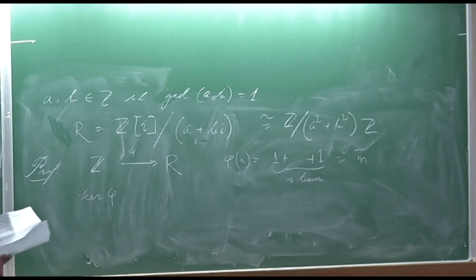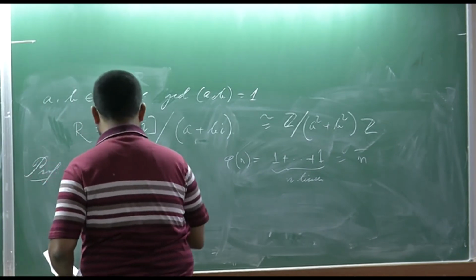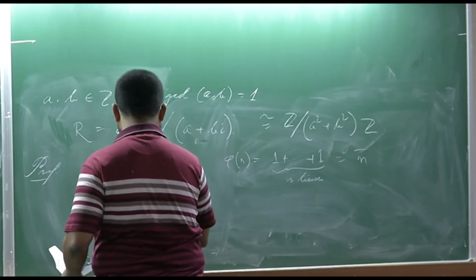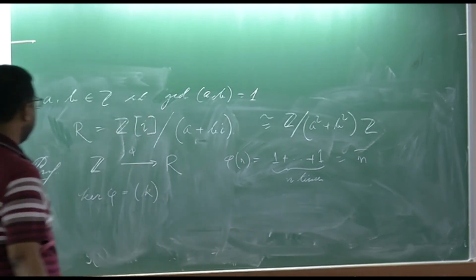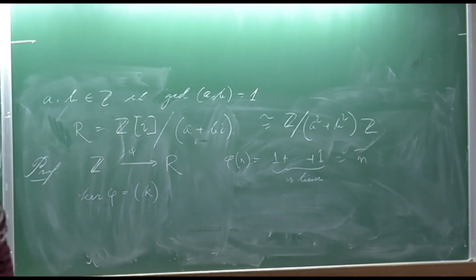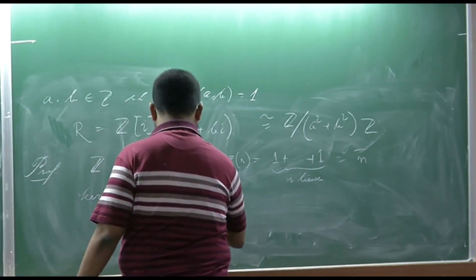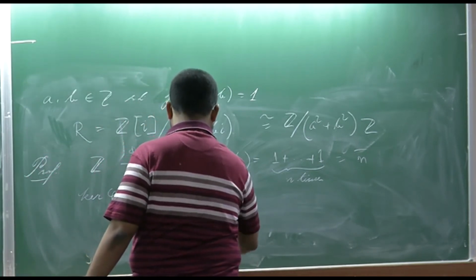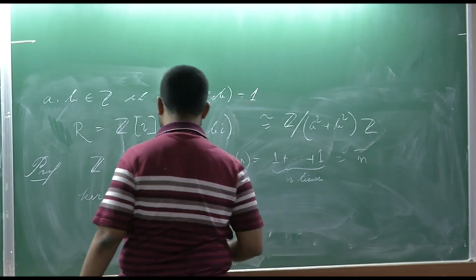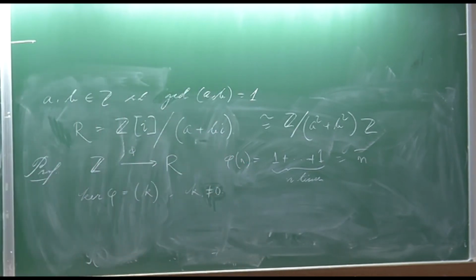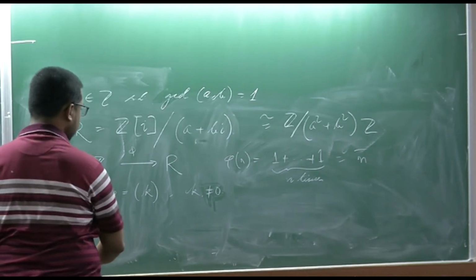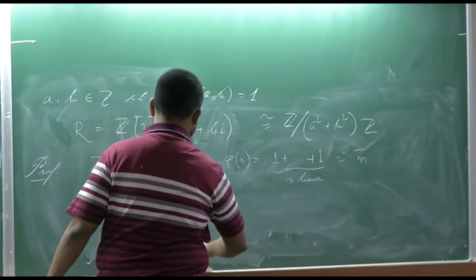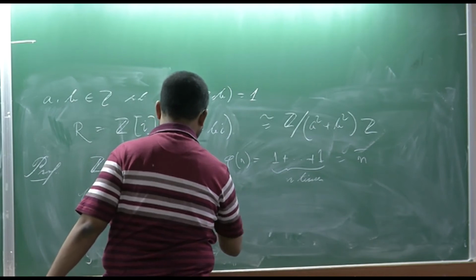So, kernel phi is going to be an ideal of Z. So, therefore, let us say it is generated by some k, for k greater than or equal to 0. Okay.